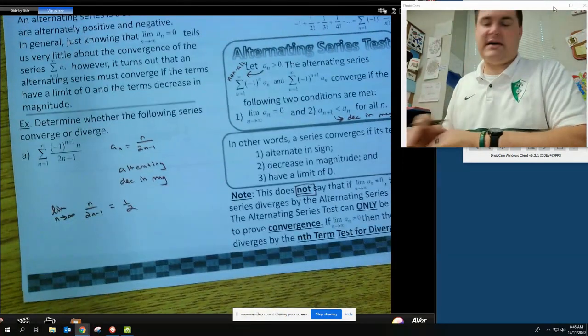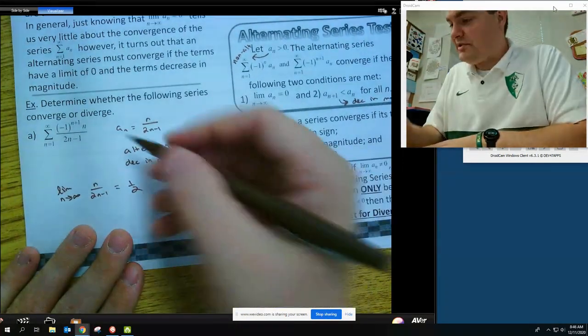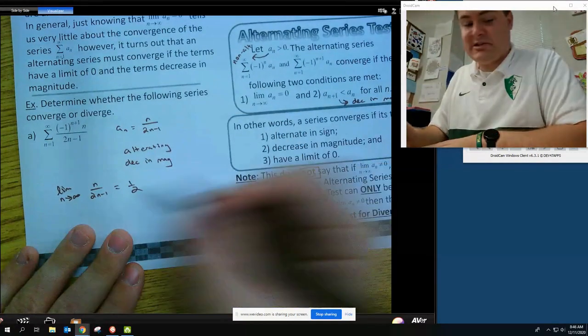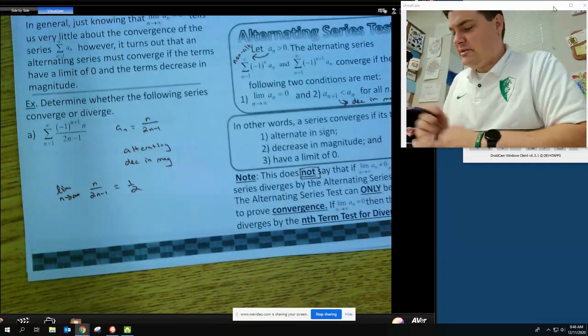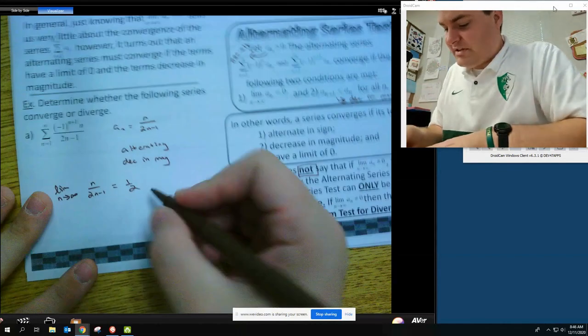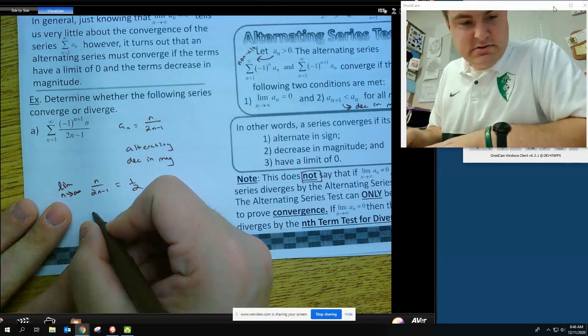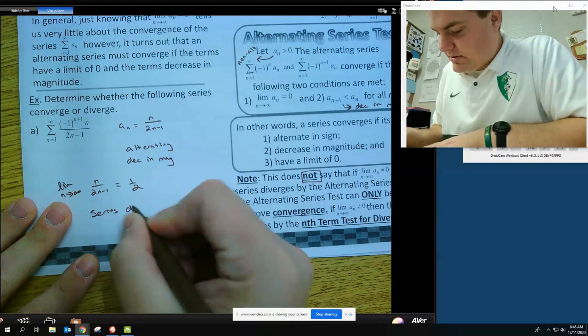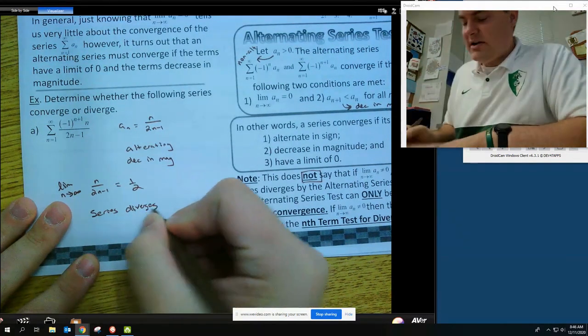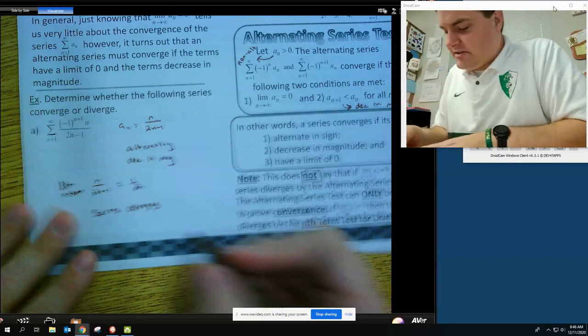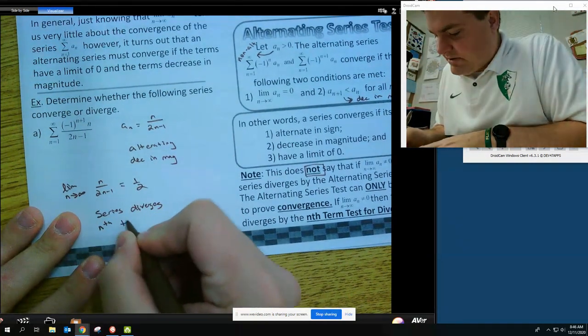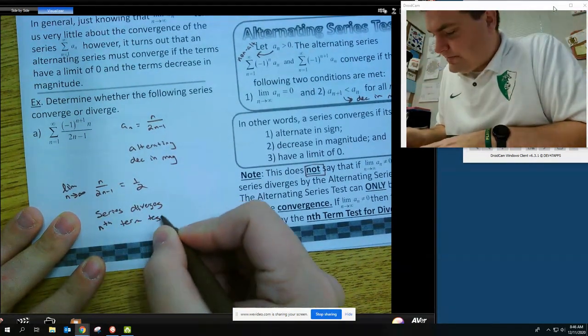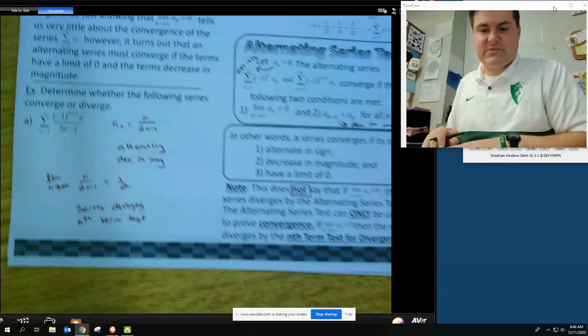So I went through all of that, and it actually turns out that we can't even use this test for this specific series. So this does diverge, though. The series diverges, not by the alternating series test, but in this case, by the nth term test.